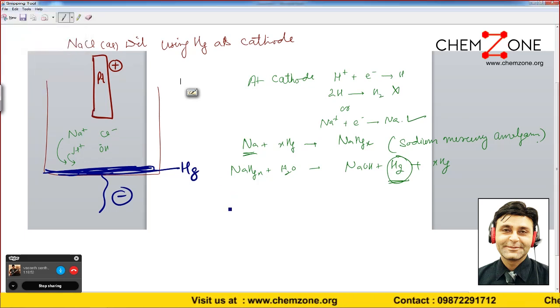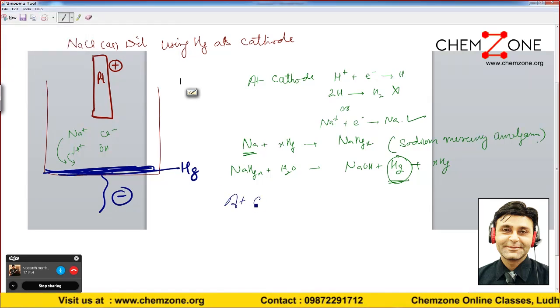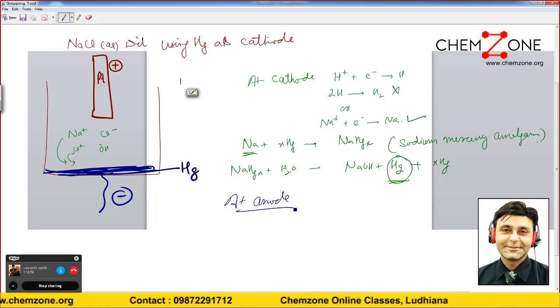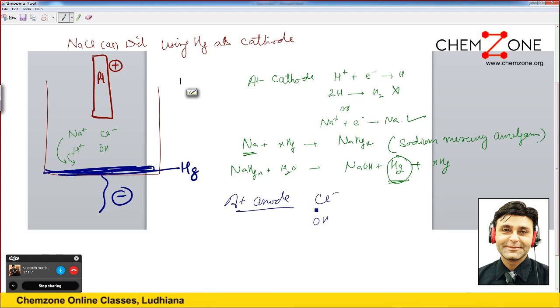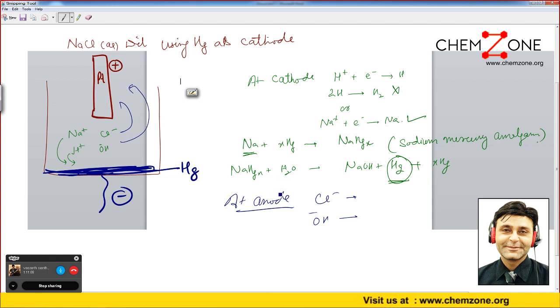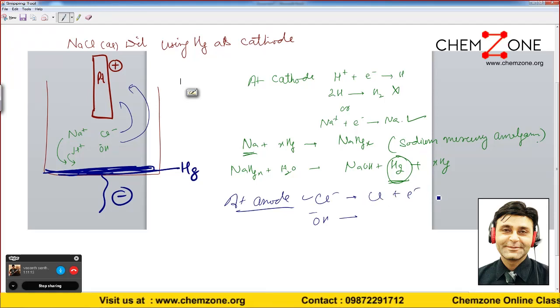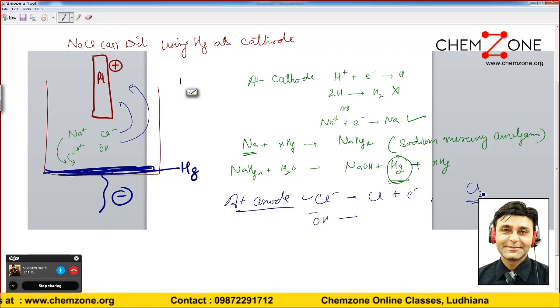Getting me? Now at anode we have a chloride ion and OH ion. Which will be discharged first? The chloride. So this will be discharged and chlorine gas will be liberated.